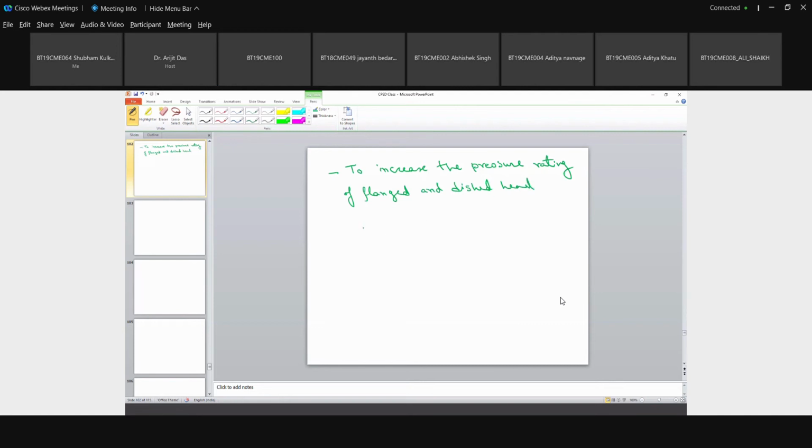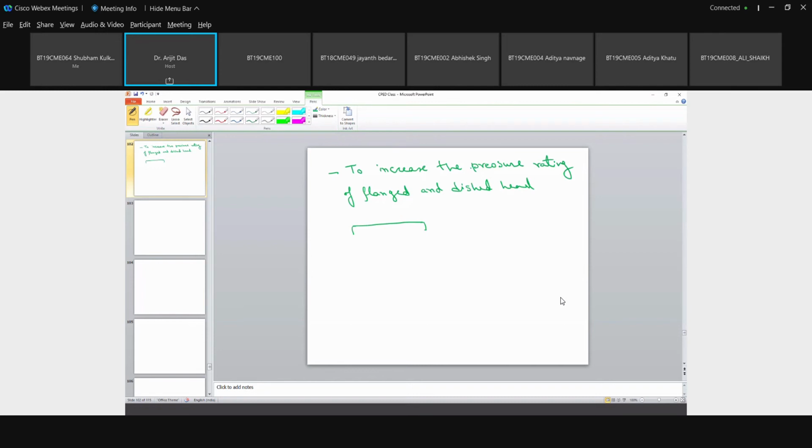Okay, flanged, this is known as the flange state. Simple. It is fitted with the cylinder, and the D state, formed and D state.